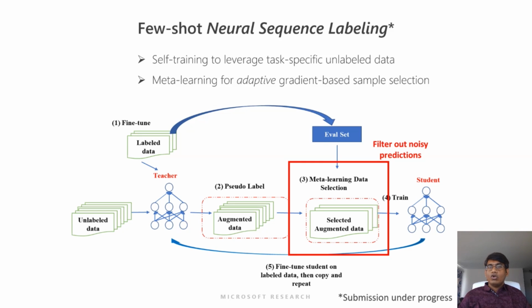However, if the model already predicts samples with very high confidence, then there is little to learn from the easy examples, whereas hard pseudo-labeled examples might be just too noisy. In this work, we leverage meta-learning to adaptively select samples based on their gradient and the impact to improve the student model performance on a held-out validation set.